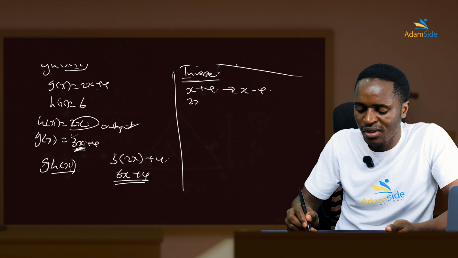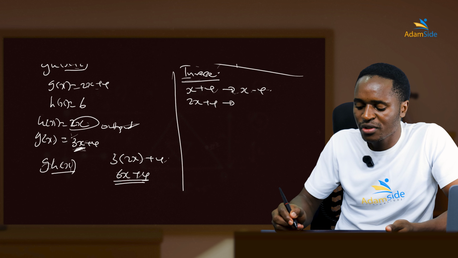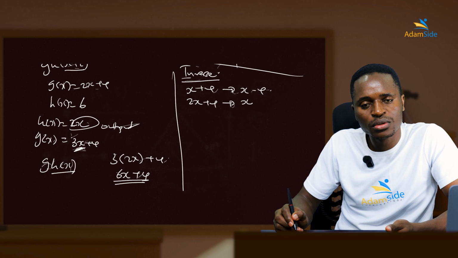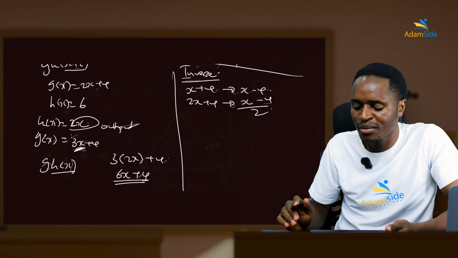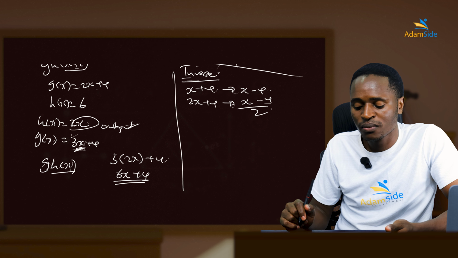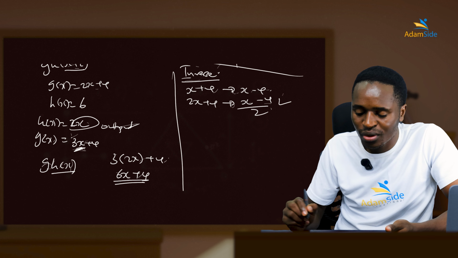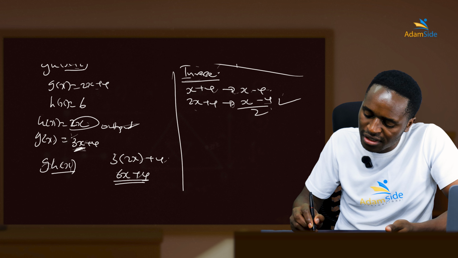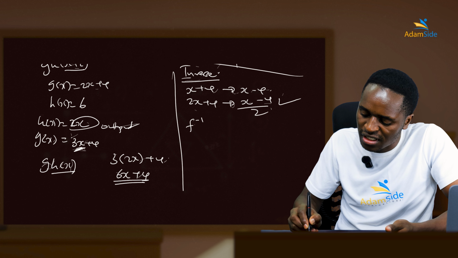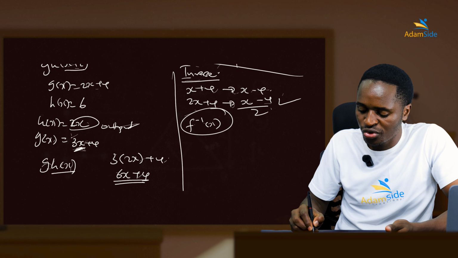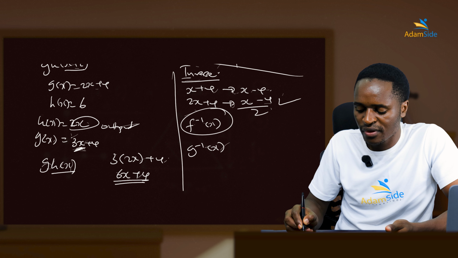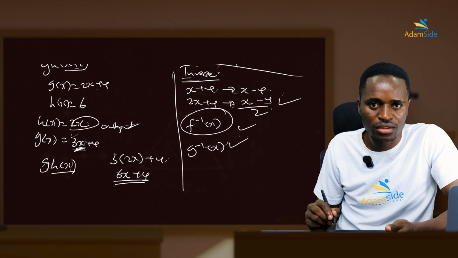If this function was 2x plus 4, your opposite function will minus 4, then divide by 2. Everything divided by 2. So this is what we call an inverse function. And normally it's always written this way: f inverse of x, or g inverse of x. This shows an inverse function.